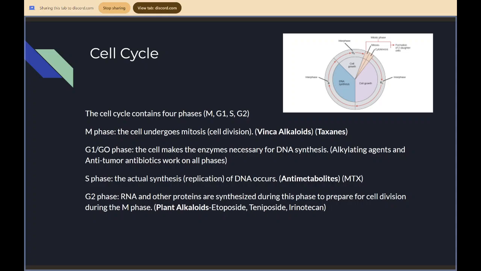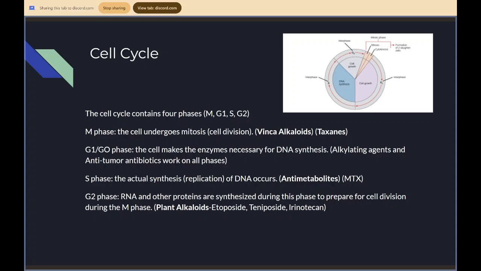The G1 or the G0 phase is where the cell makes the enzymes necessary for DNA synthesis. So alkylating agents and anti-tumor antibiotics work here and on all phases. S phase is where the actual synthesis or replication of DNA occurs.